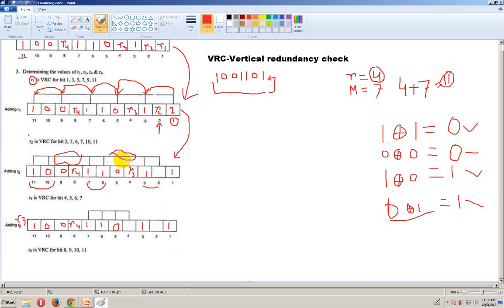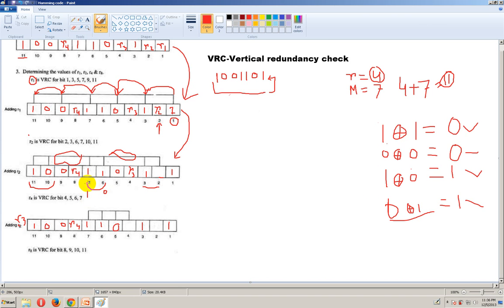So we calculate it in a similar way: 2 exclusive or 3 exclusive or 6 exclusive or 7 exclusive or 10 exclusive or 11. Let's check what we get. 2 has nothing. Then 3 exclusive or 6, that is 1 and 1, which should be 0, so we have 0. Then 6 with 7: 0 and 1 exclusive or should be 1.